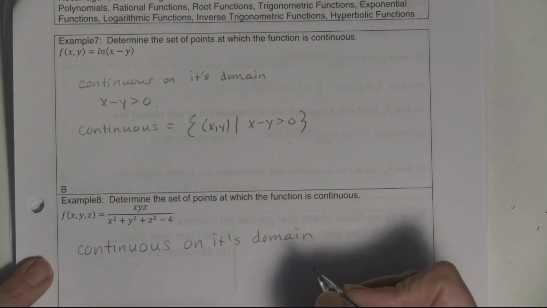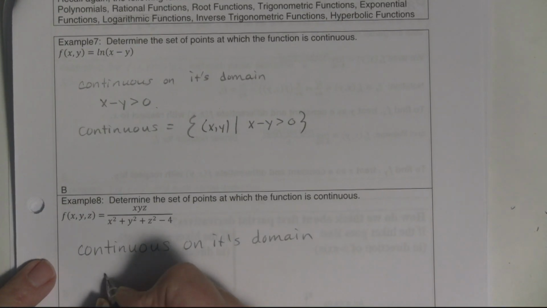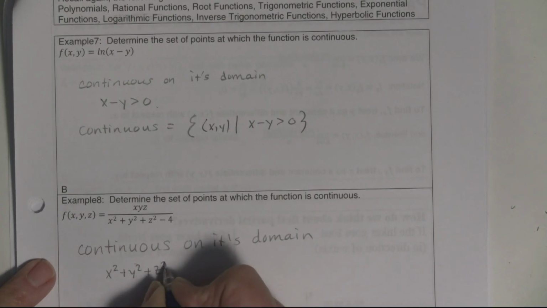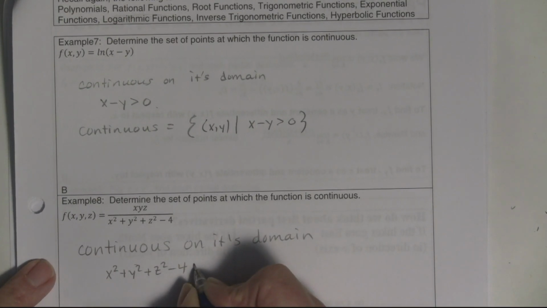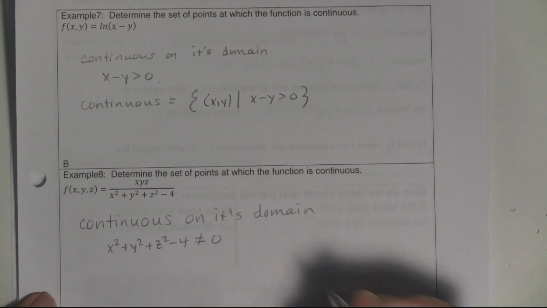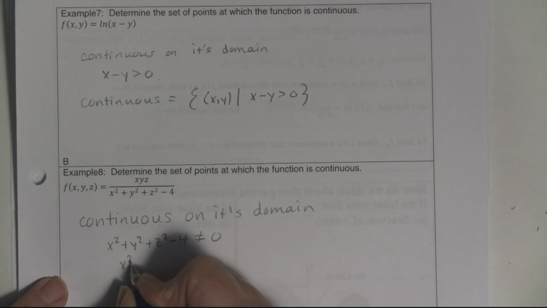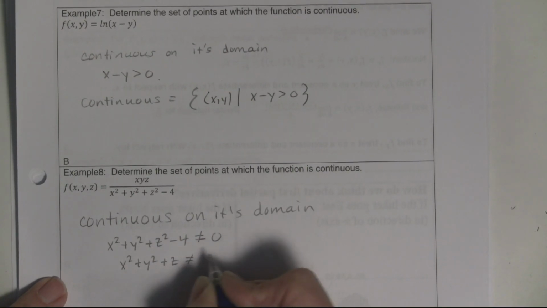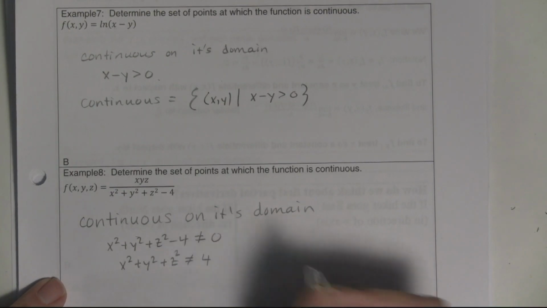because it's rational. And its domain is when x squared plus y squared plus z squared minus 4 is not equal to 0. And that means that x squared plus y squared plus z squared is not equal to 4.